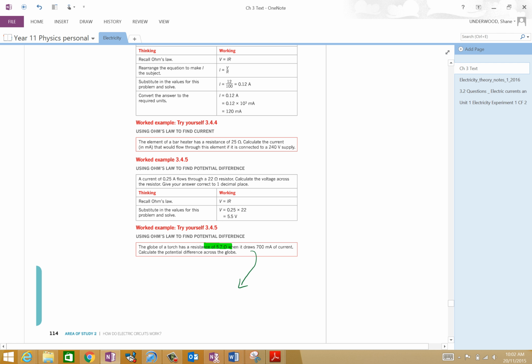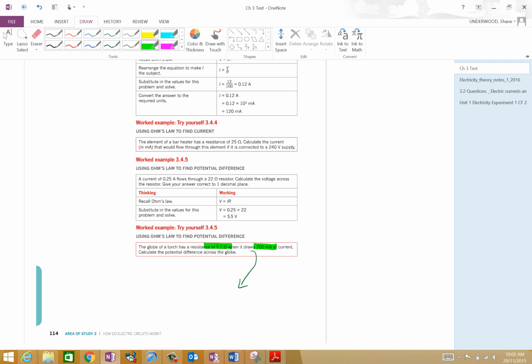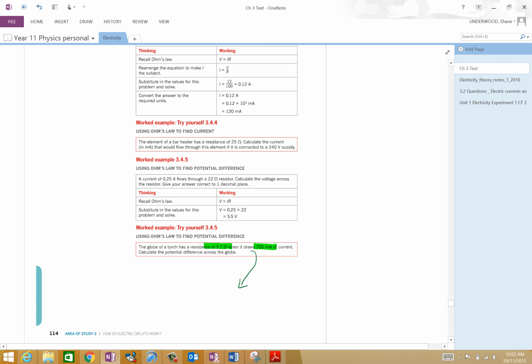It draws a current of 700 milliamps. Okay? So what you do is you would say that resistance is equal to 5.7 ohms. You then say, however, that the current, don't go writing 700 milliamps because we know that the current has to be in amps. 700 by 10 to the minus 3 amps.